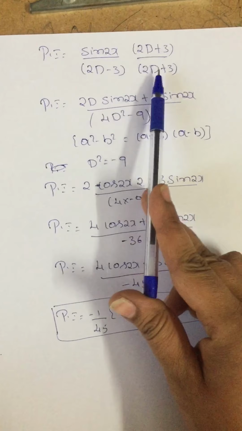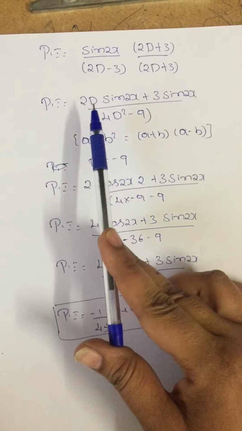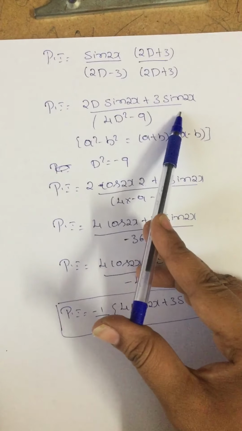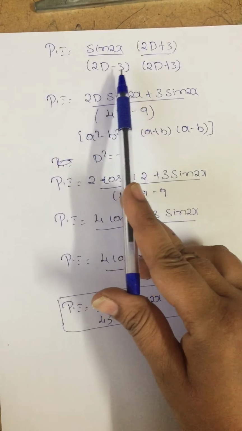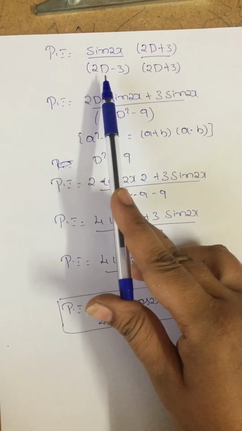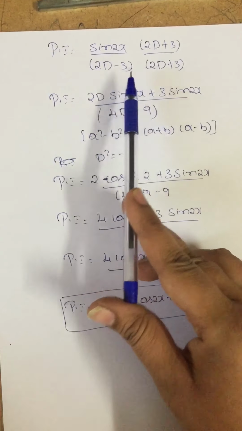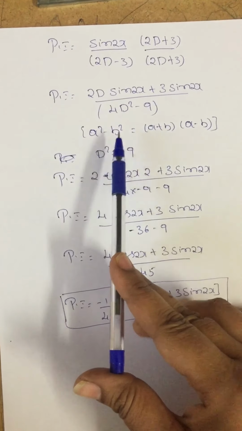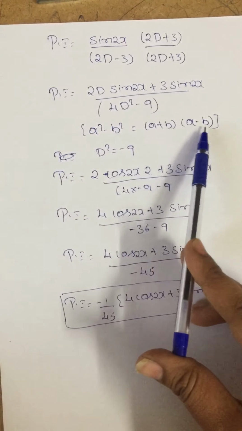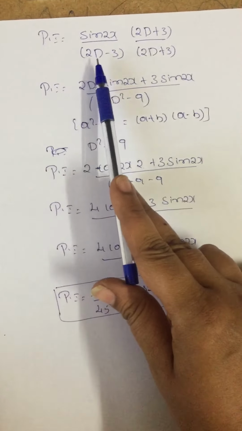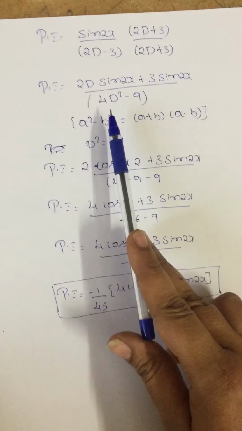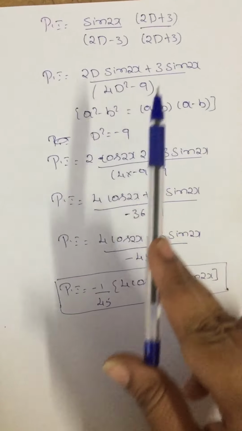Then the numerator becomes 2 into the derivative of sin 2x plus 3 sin 2x, divided by 2d minus 3 multiplied by 2d plus 3. In the denominator it is in the form of a square minus b square. We know that a square minus b square can be written as a plus b into a minus b, so 2d minus 3 into 2d plus 3 becomes 4d square minus 9.